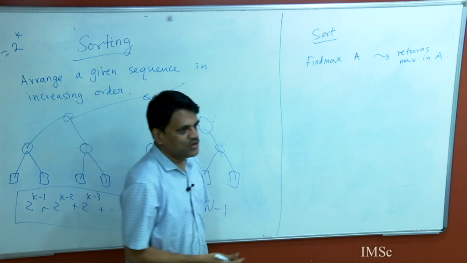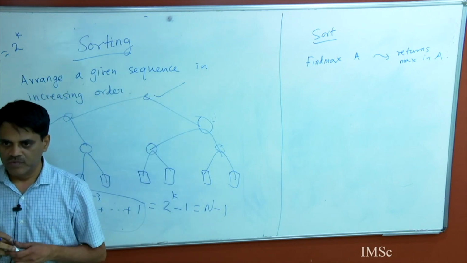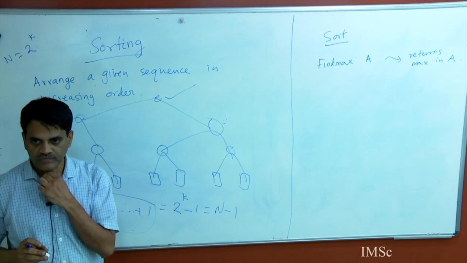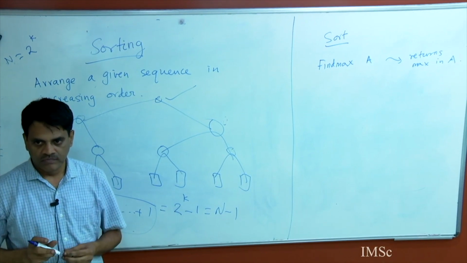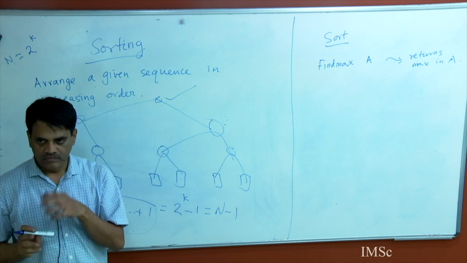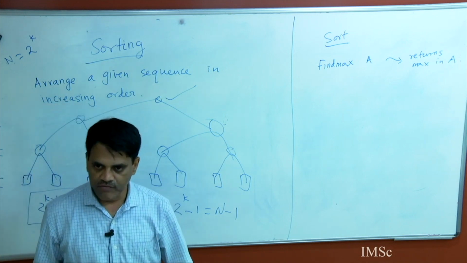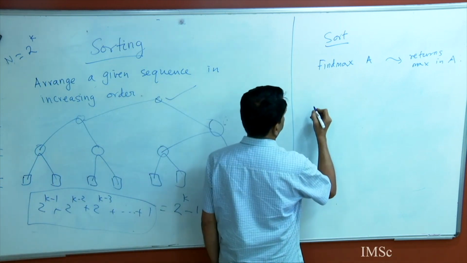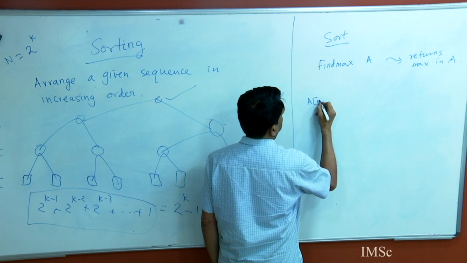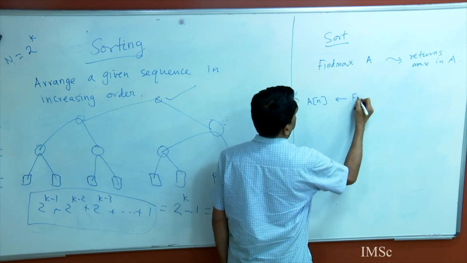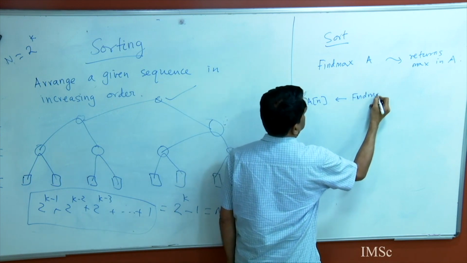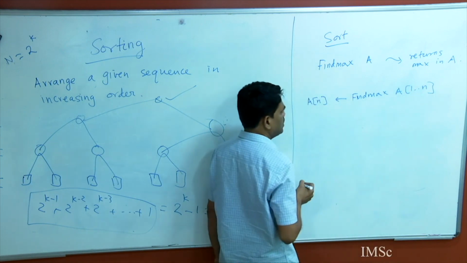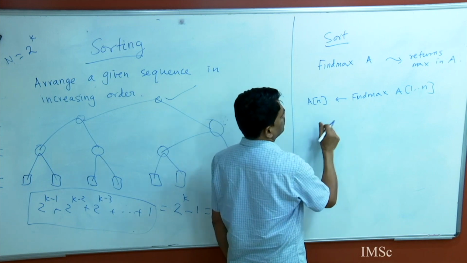Can I repeatedly use it and design a sorting algorithm? What should I do? Keep finding the max in your smaller and smaller arrays, right? So first I would find max in the array 1 to n, and when I do that, I'm going to swap.